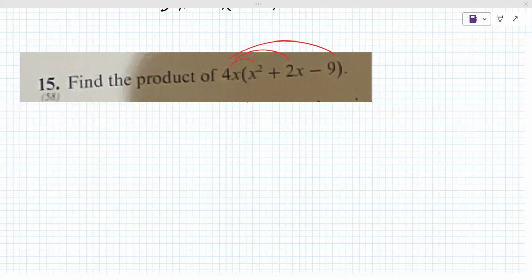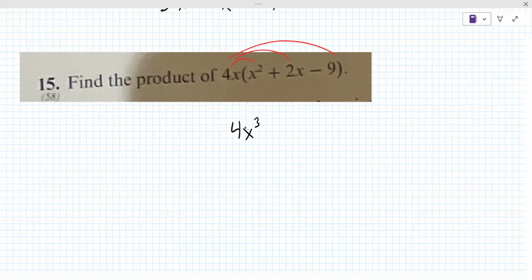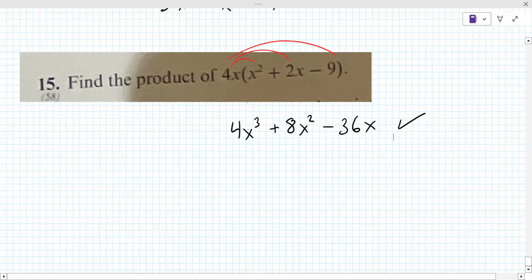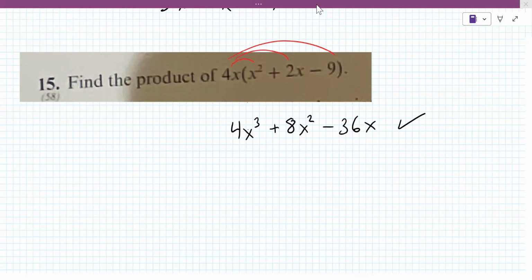I got 4x cubed plus 8x squared plus negative 36x. Good. Okay. So not as bad when you've got just one term. In the previous problems, you had two terms and then you had to combine them.